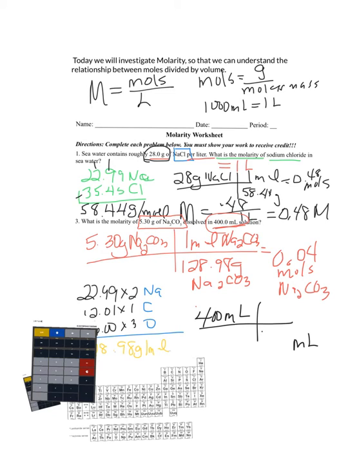So 1,000 milliliters is equal to, right here, 1 liter. We know how to solve these. Whatever's on the bottom needs to be divided into the top.